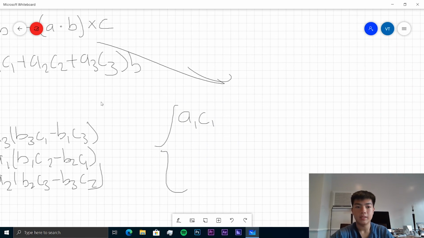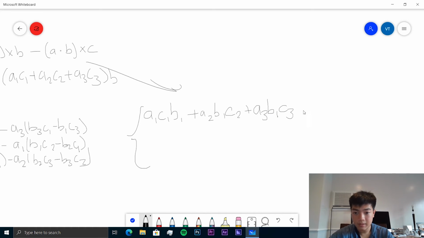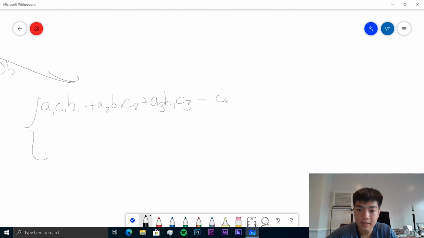So this would be equal to A1C1 B1 plus A2 B1 C2, because we're just multiplying a scalar to a vector, plus A3 B1 C3, minus A dot B. So this is A1 B1 C1 minus A2 B2 C1 minus A3 B3 C1.